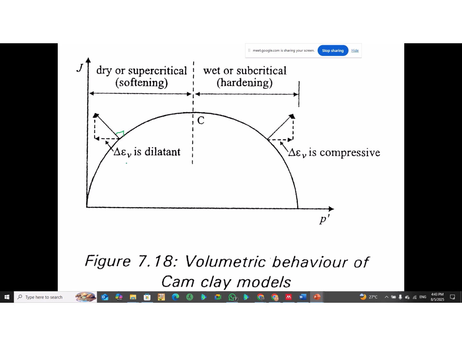The volumetric behavior is dilatant on this side, and then on this side you resolve this vector, then the incremental behavior is compressive. So dilatant maybe would mean tensile, isn't it? And this is compressive. So this is dry or supercritical softening, and the other side is subcritical wet or subcritical hardening.